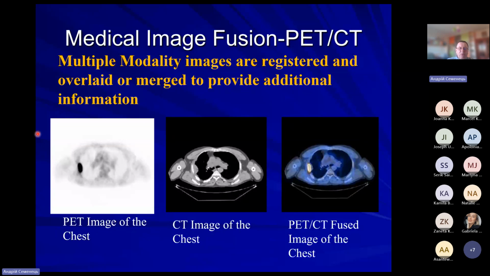A helpful methodology in the detection of abnormalities is the usage of multimodal images, when we combine different sources like PET images and CT images, and here we have the ability to easily detect a potential inclusion.